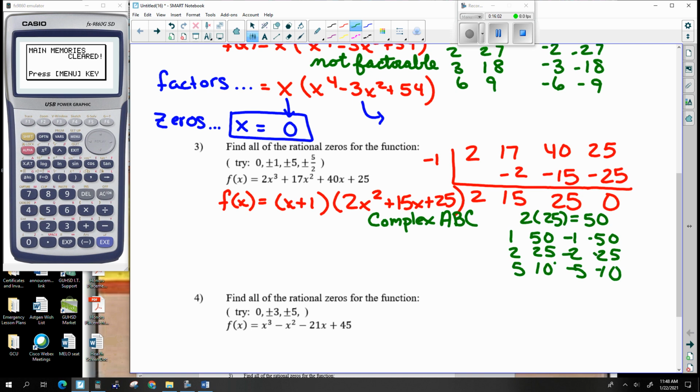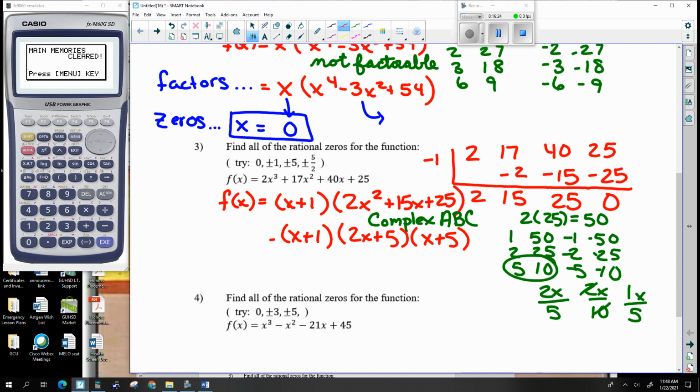Going to a positive 15, what do you know? Write the first term as a fraction twice. So this is going to be 2x plus 5 and x plus 5 with the x plus 1. All right, these are all quote-unquote factors.